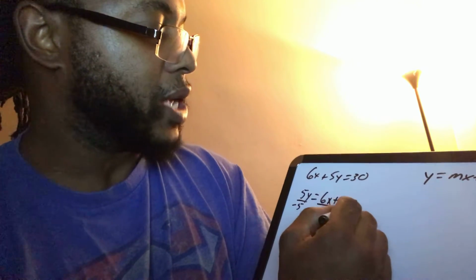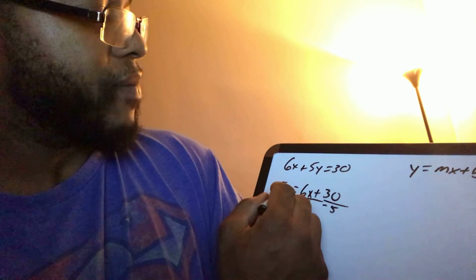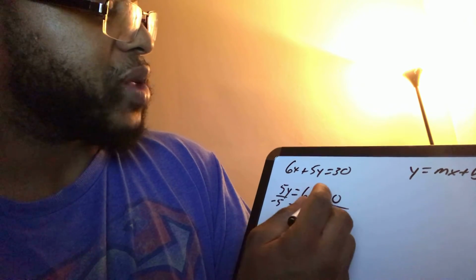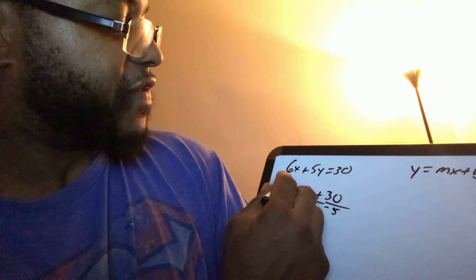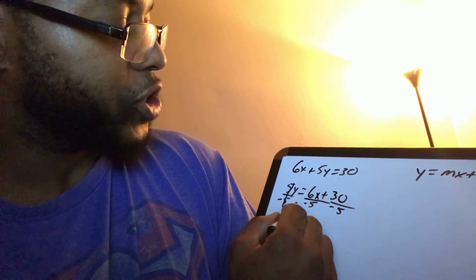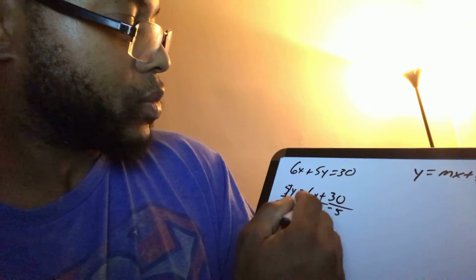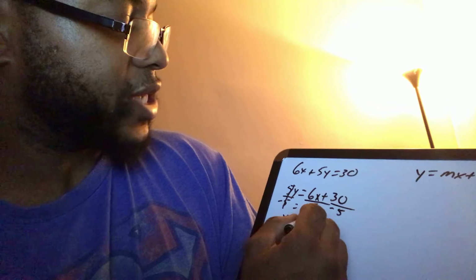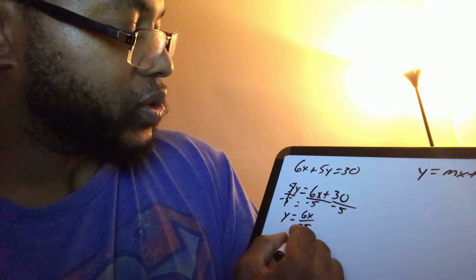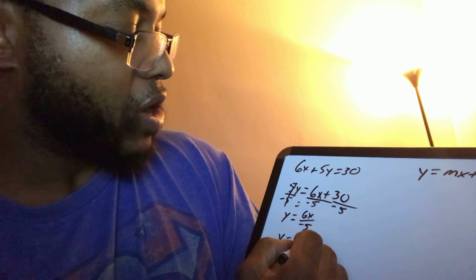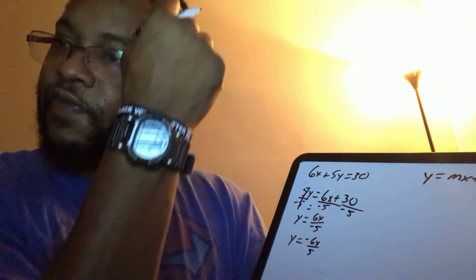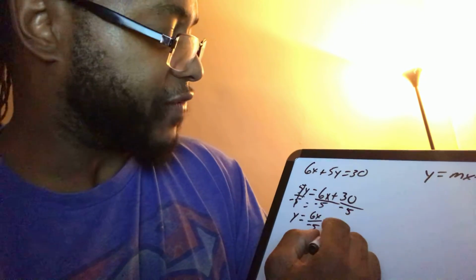So that's going to be negative 6x over negative 5 plus 30 over negative 5. These 5s are going to cancel out. So y is going to equal negative 6x over 5. Dividing the negative 5 into the positive 30 is going to give us a positive 6.